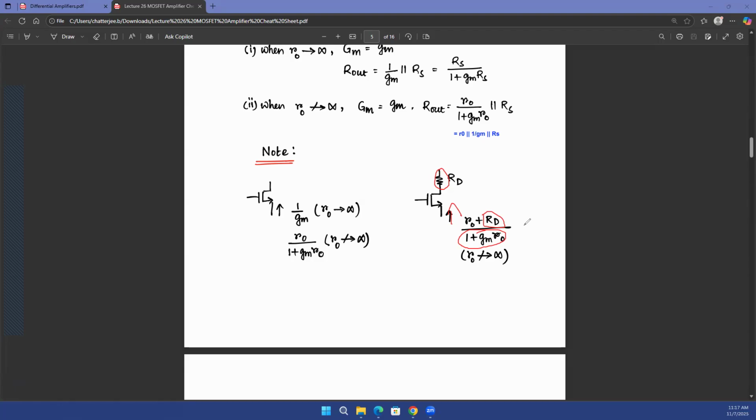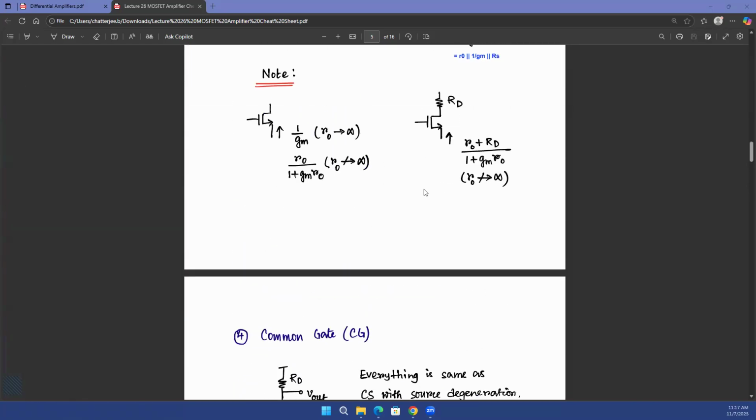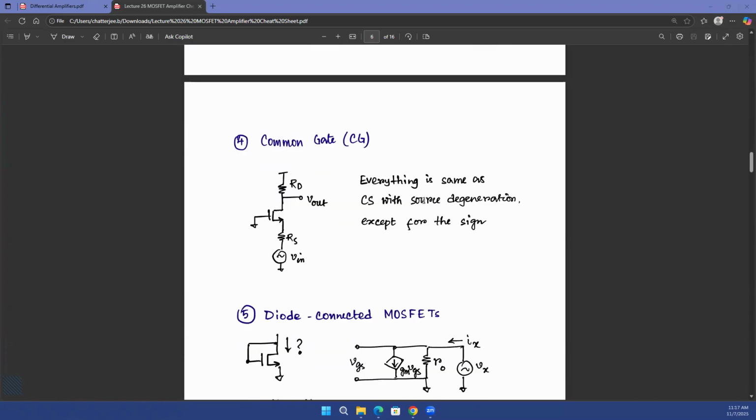And that's the effect of having a non-infinite RO and looking from the source. And you can always prove these equations just by doing the small signal analysis, which I'm not going to do now because this is a summary lecture.